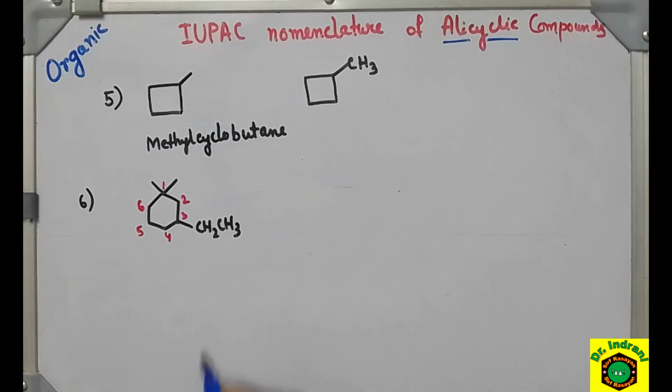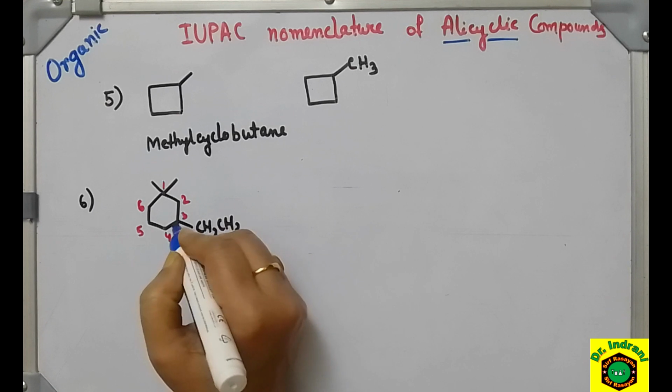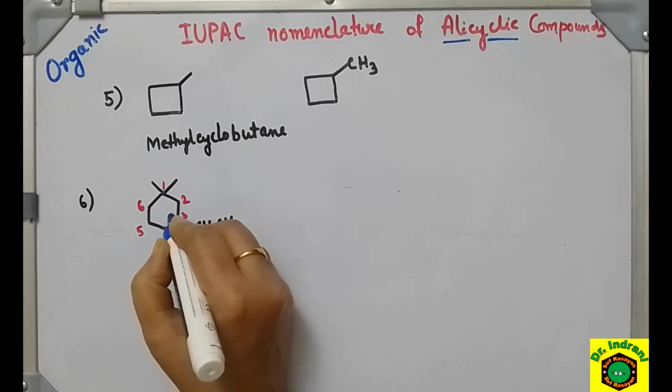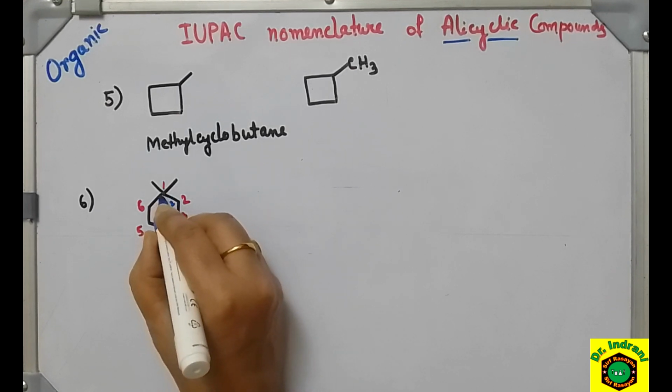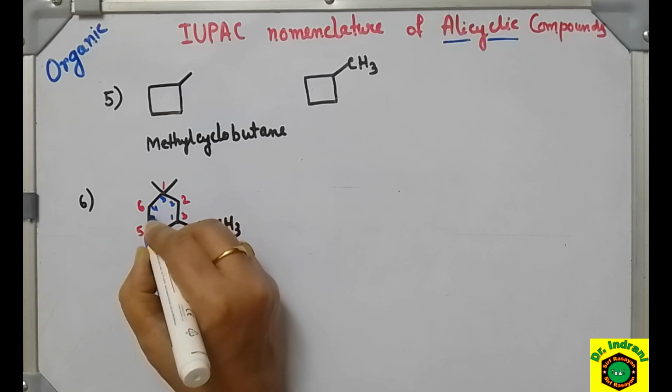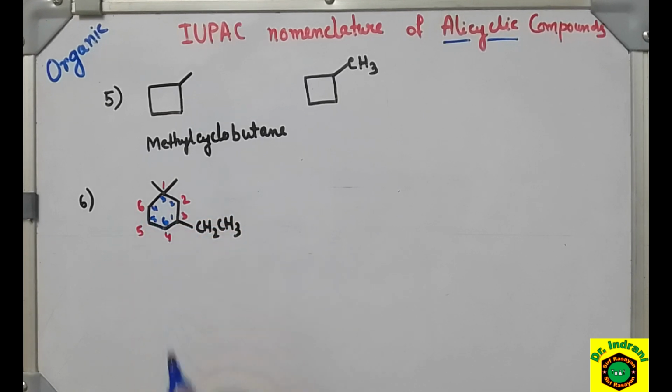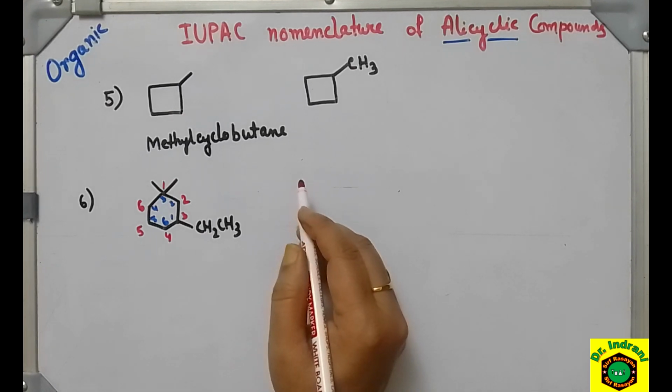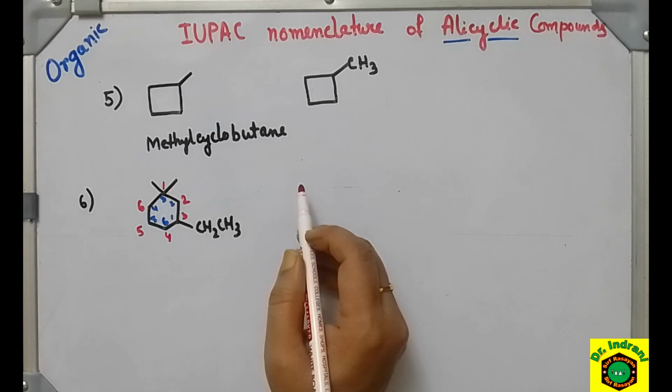Another way of numbering is, inside I give the carbon attached with ethyl 1, this is 2, 3, 4, 5, 6. So which one is correct? Numbering is done in such a way that the substituents get the lowest set of locants.